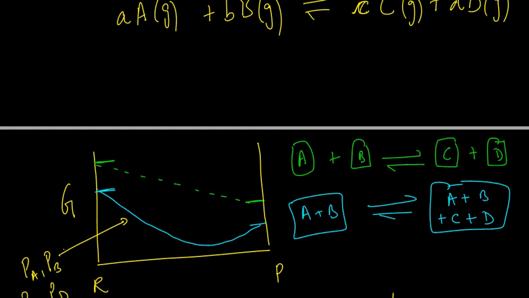Essentially, again, going back to the fact that it's the entropy of mixing that brings this curve down compared to what you would have had if you had individual things not mixed together but just reactive. So that's it. This is your equilibrium position over here.